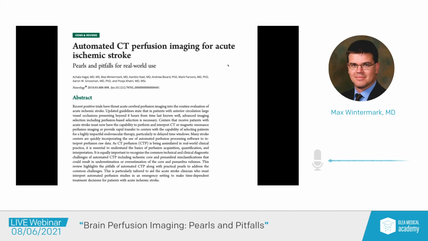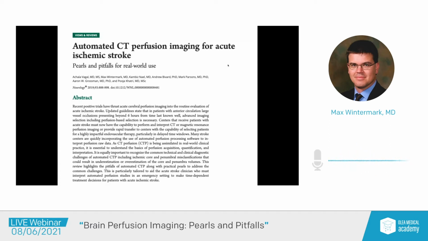again, on patient management. But the slight downside of an automated software is you sometimes don't know exactly what's under the hood. Sometimes it may be some kind of a black box. You get some maps out of this automated software. And while the software works great in the large majority of the cases, there are some instances where something happens with the patient moves, or something happens with the injection of contrast.